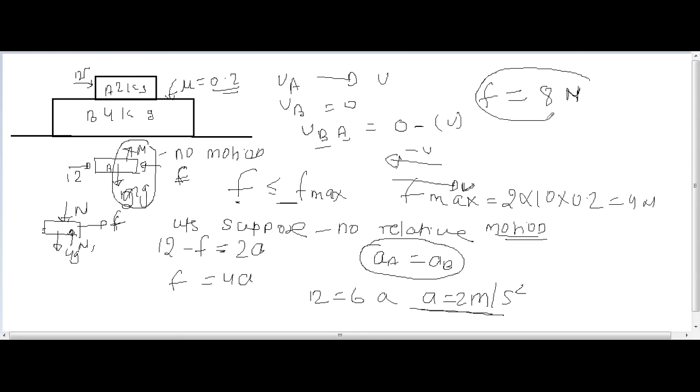Listen, guys, this is the friction force, and this is 8 Newton, which is impossible. The surface cannot apply it, because the maximum value of friction force which a surface can apply is 4 Newton, and this requires 8 Newton.